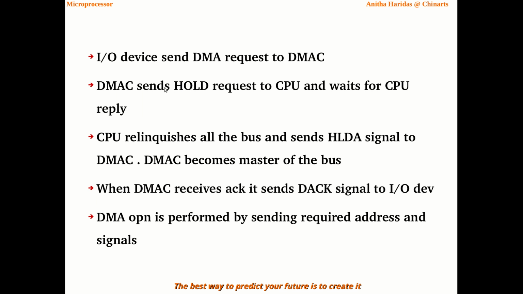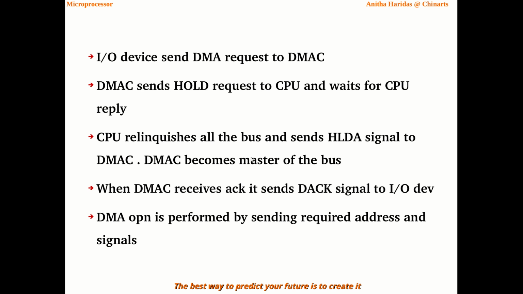So this is what we discussed here. The input output device will send a DMA request to the controller, and the controller will send a hold request to the CPU, and it will wait for the CPU to reply. By that time the CPU will release all the buses, and it will send the acknowledgement signal to the DMA controller.